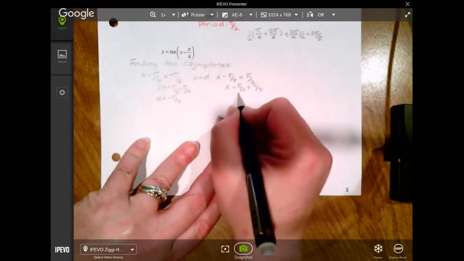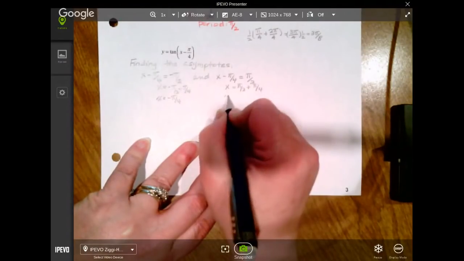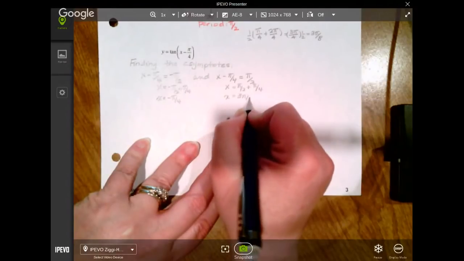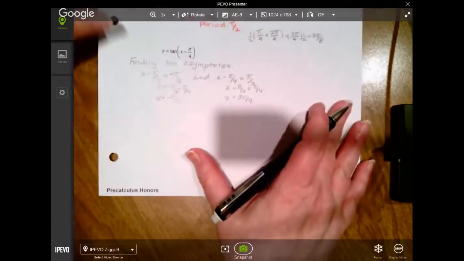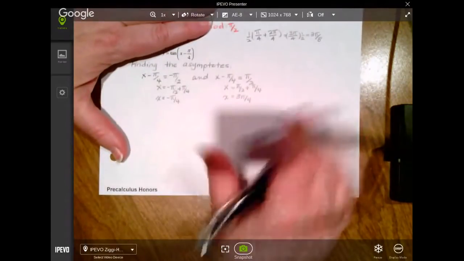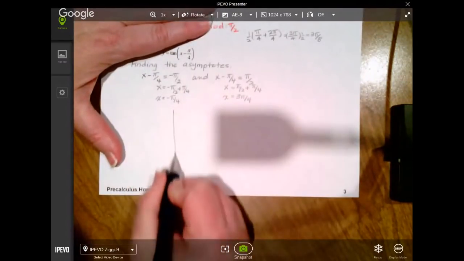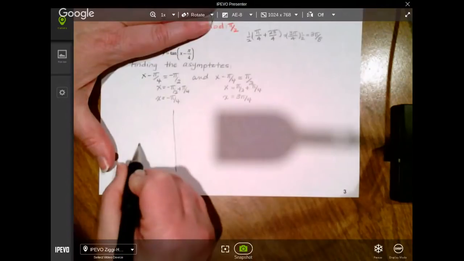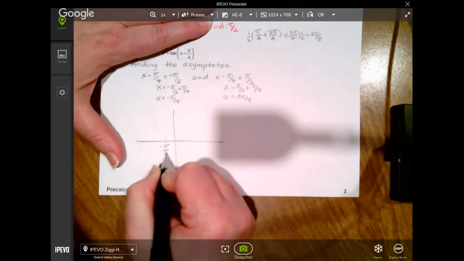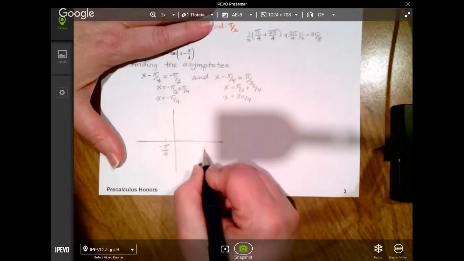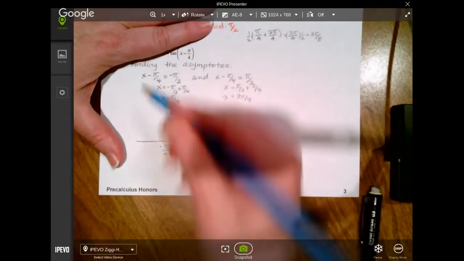So this will be 2 pi over 4 plus pi over 4, which is 3 pi over 4. All right, so our asymptotes, we go to the graph down here, are at negative pi over 4 and at 3 pi over 4. So let's throw our asymptotes in.